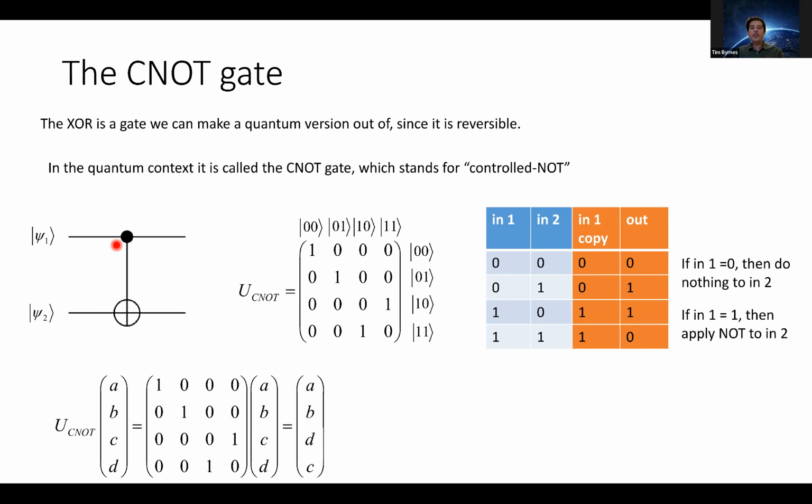The first one is what you call the control qubit, because you can think of it as the one that controls what's going to happen to the second qubit. If this one is 0, then nothing happens to the second one. But if this one is 1, then you flip it.